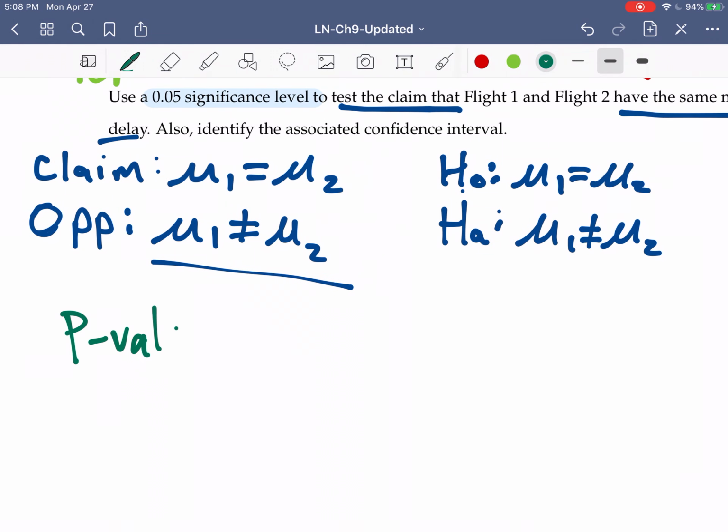This says also identify the associated confidence interval. So that confidence interval, calculated here in StatDisk, is a 95% confidence interval. It is negative 17.388 to 6.548.